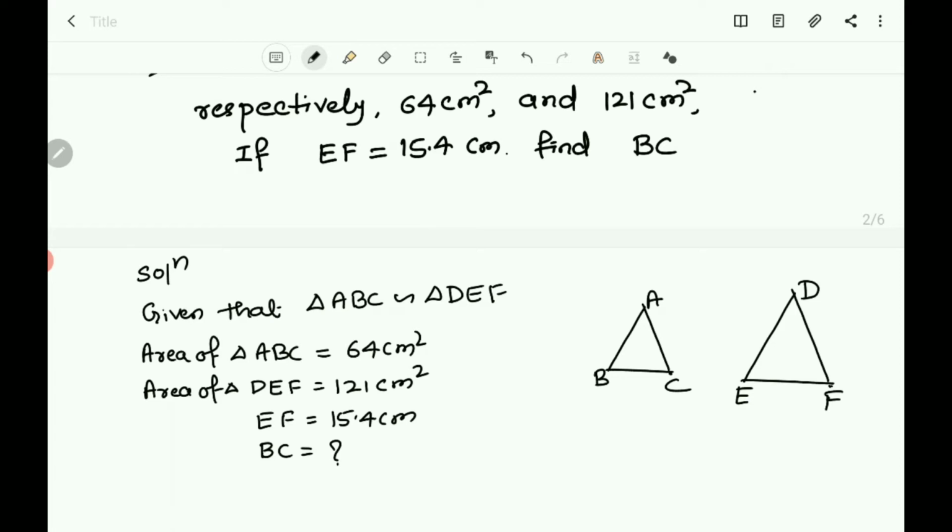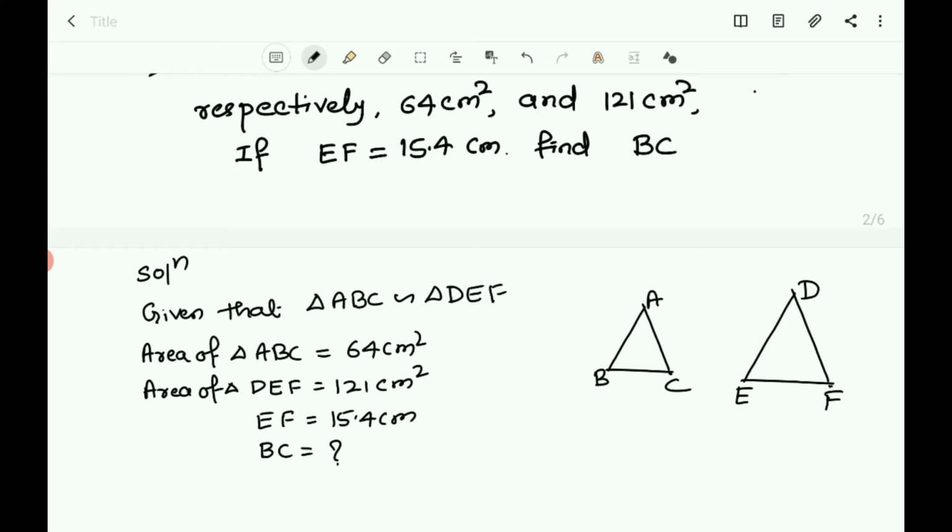So in the question it is said that triangle ABC is similar to triangle DEF, area of triangle ABC is 64 cm square, area of triangle DEF is 121 cm square and the length of EF is 15.4 cm, and find the length of BC. Here you use the theorem on areas of similar triangles.